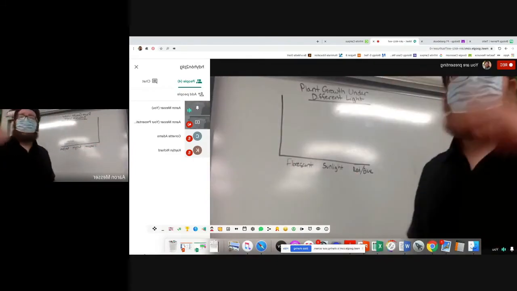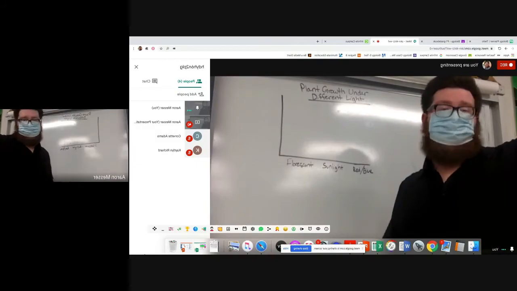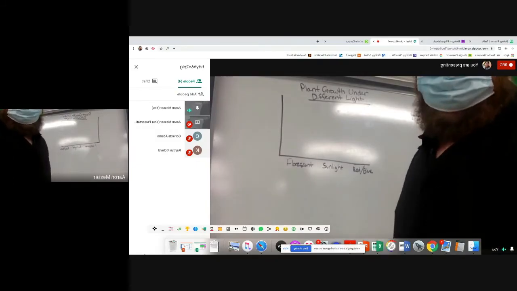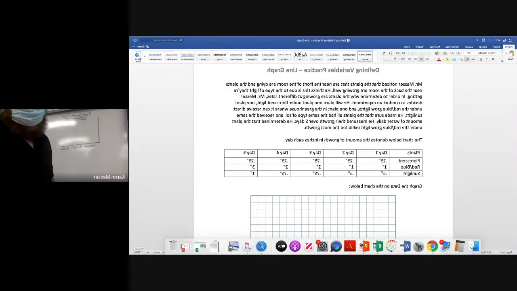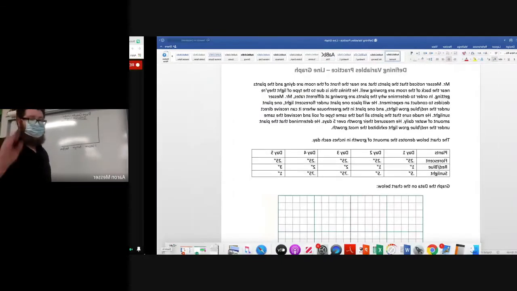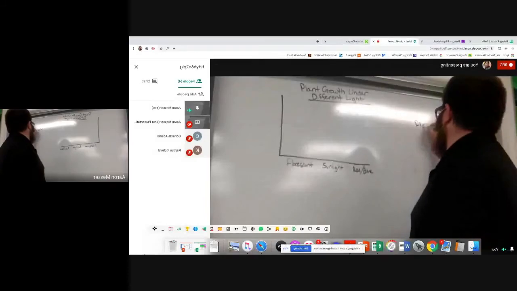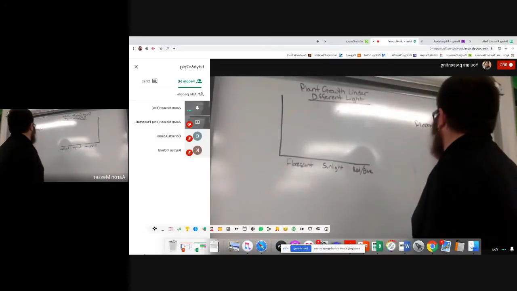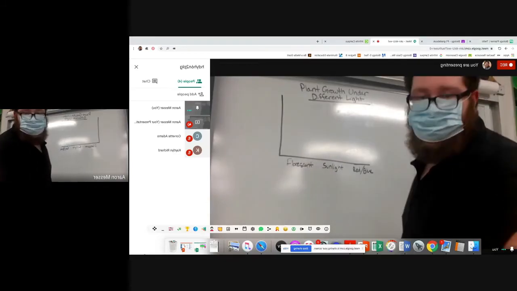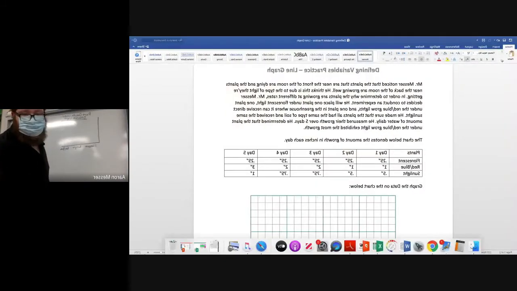But we don't want all these different data points. So what we're going to do is do the totals. The fluorescent light plant grew 1.25 inches. The red blue grew 9 inches.